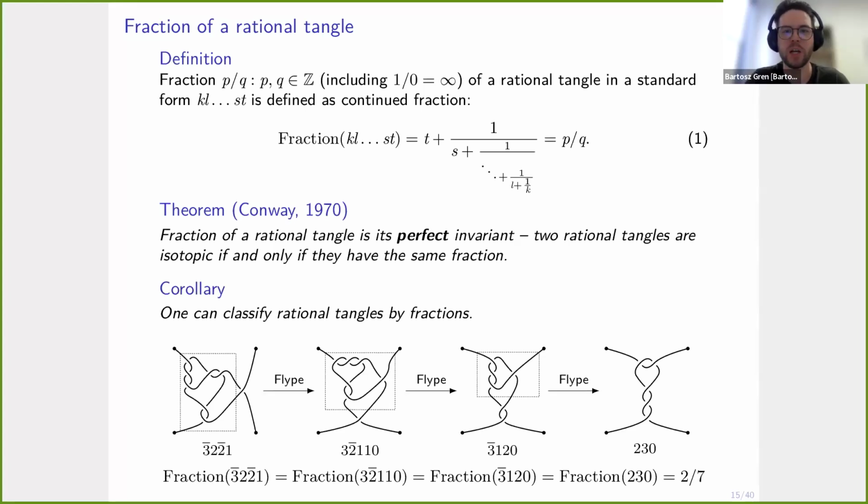This invariant is a fraction. So to every rational tangle, we can assign a fraction, which is calculated in the way you see.